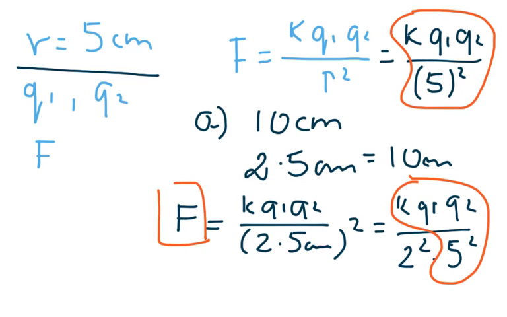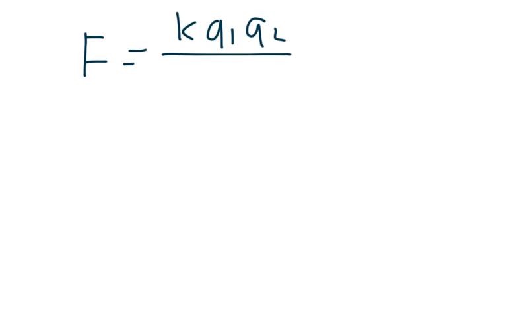That's our initial force. What I want to know is how the force F will change if we increase the distance. The thing that is different is the part here: 2 squared is 4. So our F right now will be K Q1 Q2 divided by 4 times 5 squared.